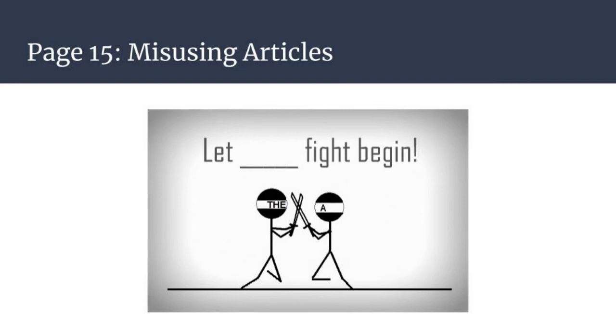And by articles, I mean a, an, and the. This topic is, unfortunately, I think, the most difficult topic for myself as a native English speaker to explain to non-native English speakers.